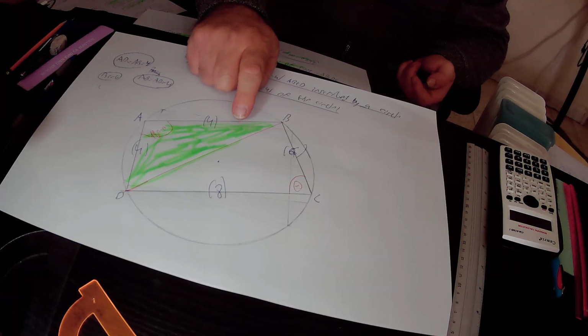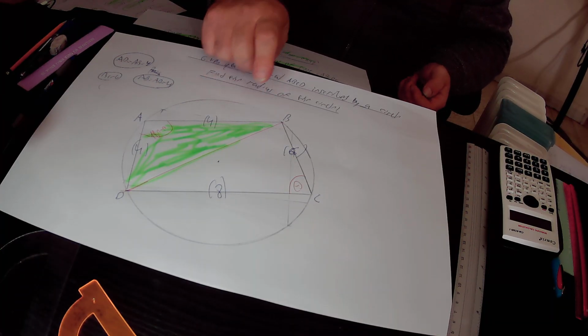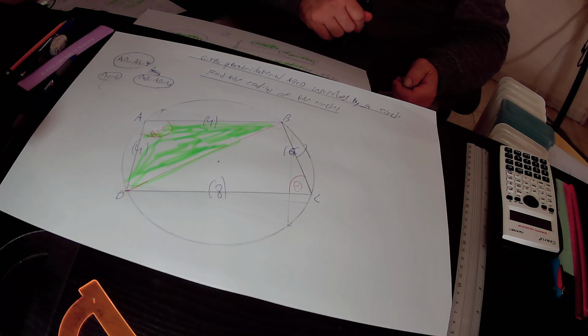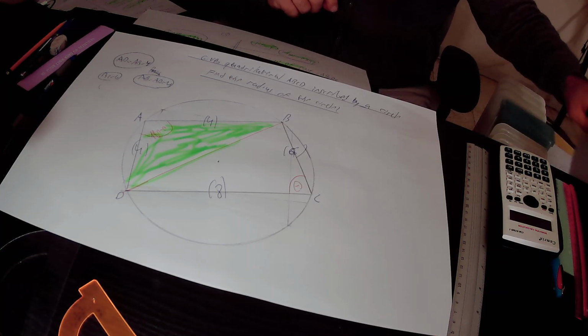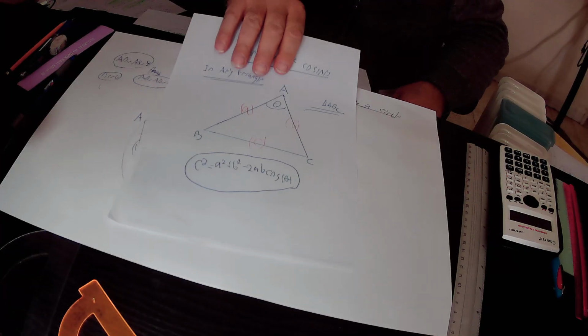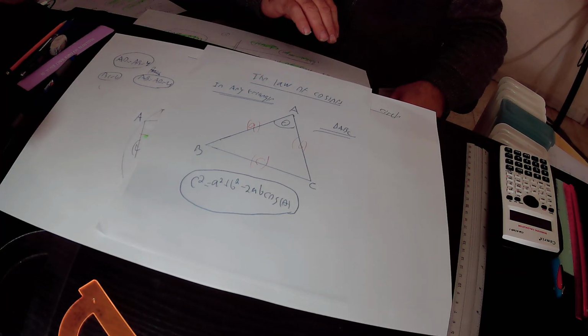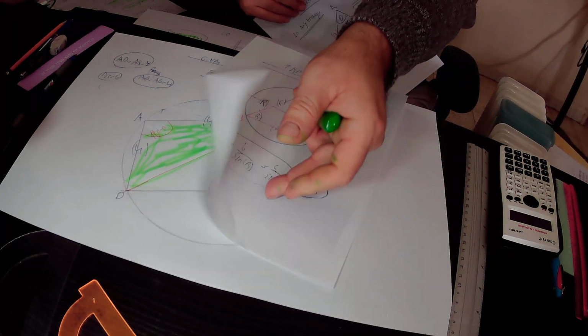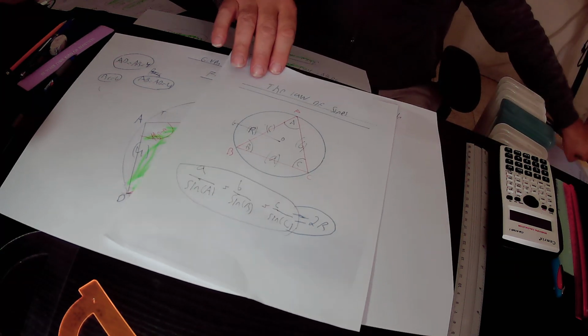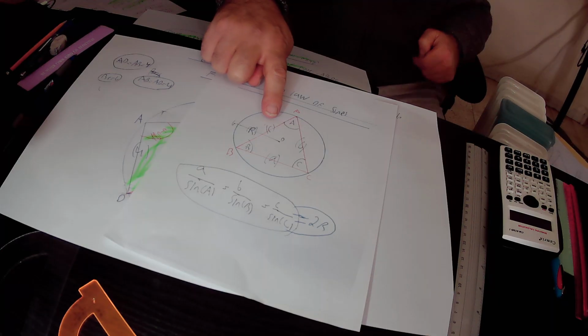This is in the lower right, angle BDC. Let me show on a piece of paper the law of sines. This is triangle ABC, which could be any triangle.